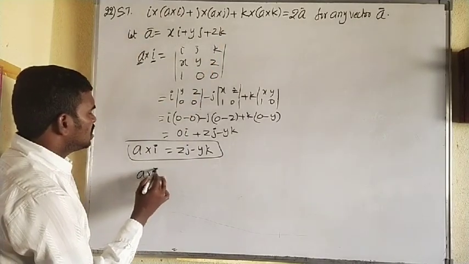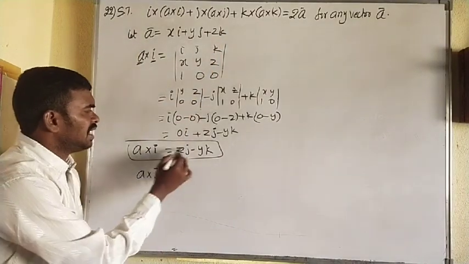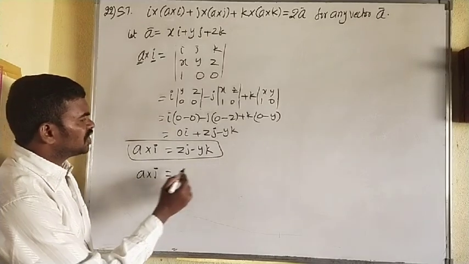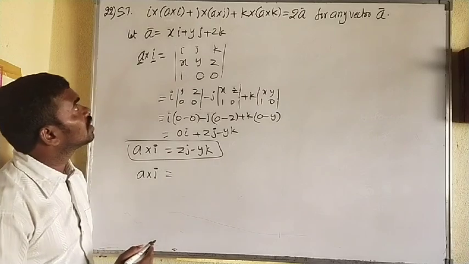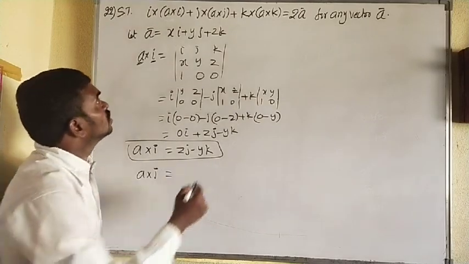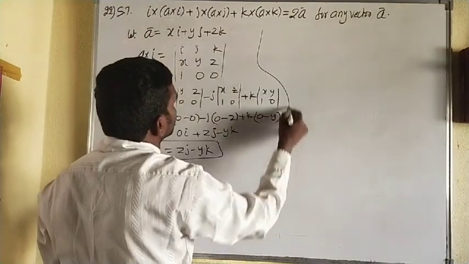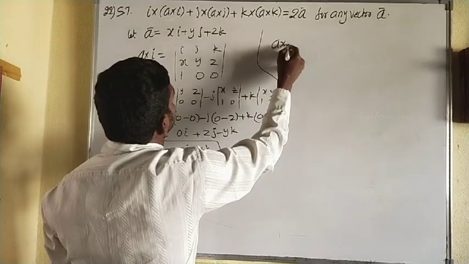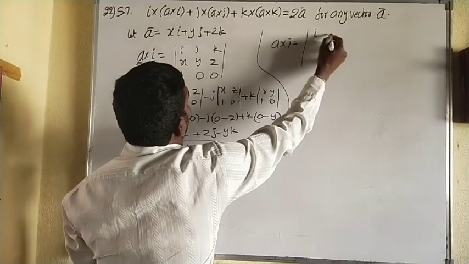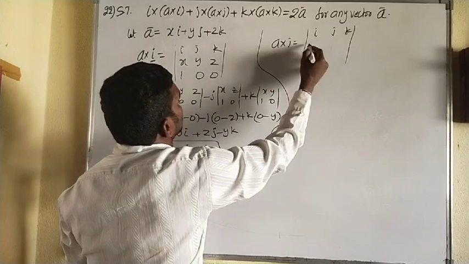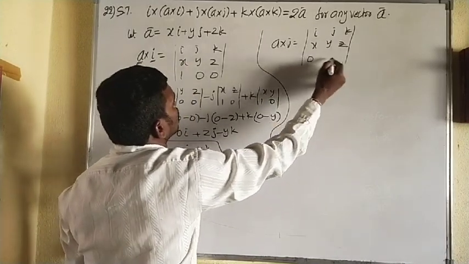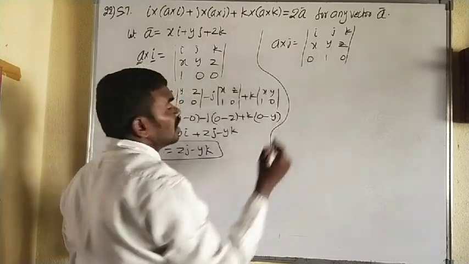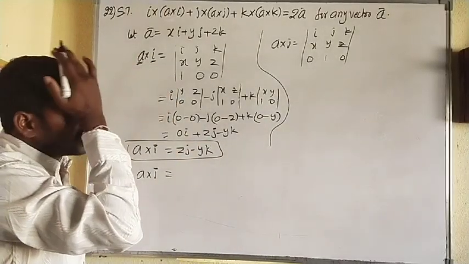Similarly, what will be A cross j? See, j term is not present in the result. If you have any doubt, do A cross j also. A cross j means I, j, k. Next A elements x, y, z, and j term is there. So I coefficient 0, k coefficient 0, j coefficient is 1.